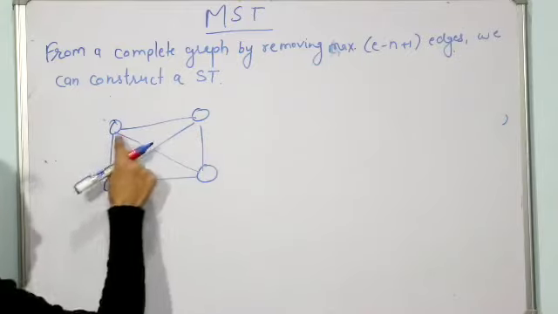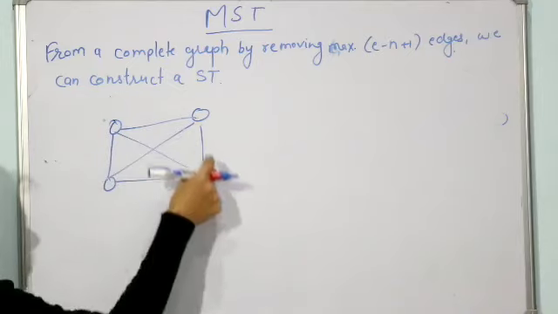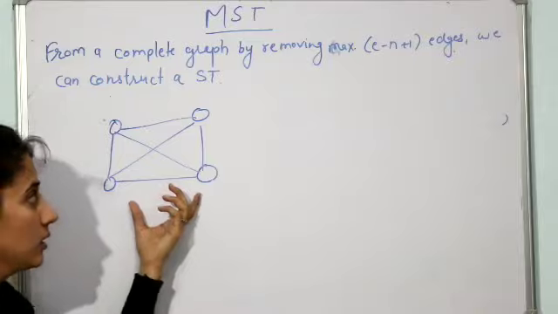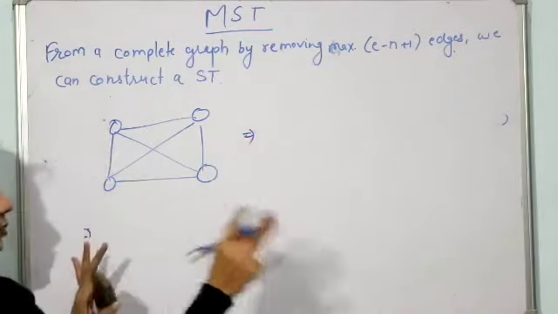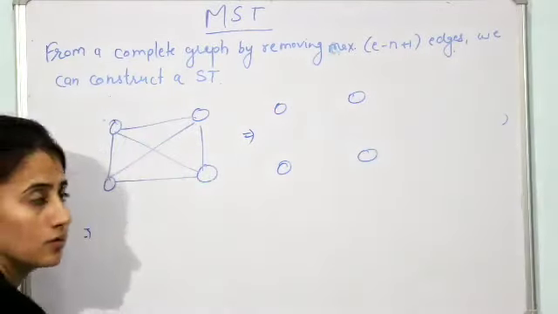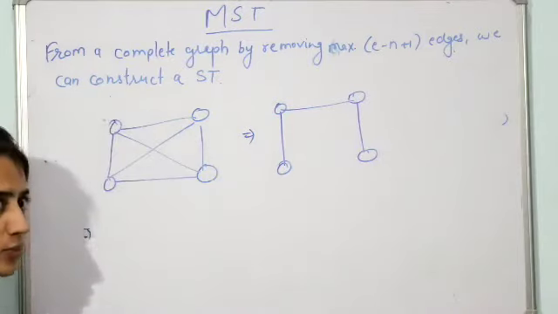This is also connected with all the 3, this is also connected with all the 3 vertices, and this is also connected with all the 3 vertices. That is the property of a complete graph. Now see, what would be one of its spanning trees? First of all, draw all the vertices. This and this. This could be a spanning tree.